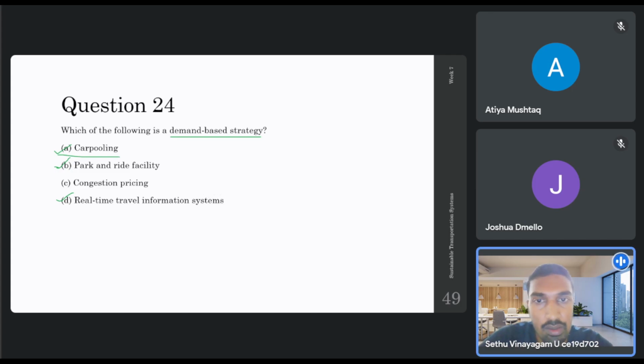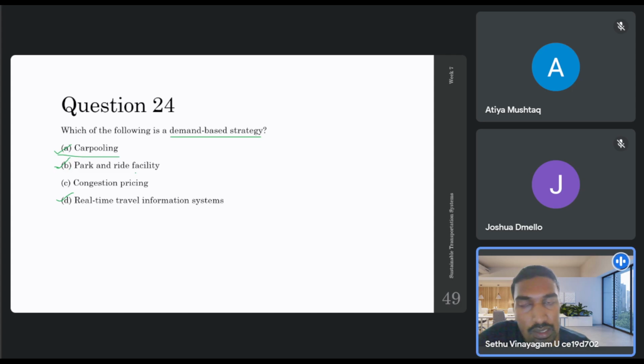So we can provide high occupancy lanes specifically for these carpool vehicles. But once you have given that facility, you cannot change that, right? So that lane is designated for carpool or high occupancy vehicles. But whether people do that or not, that's not up to us, so we cannot change it. So it's not based on the demand, right? So carpooling is not conducive to that.